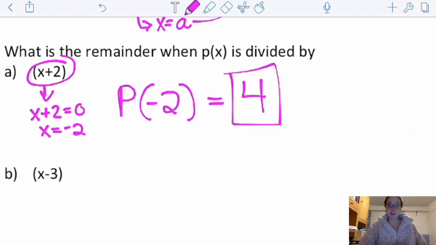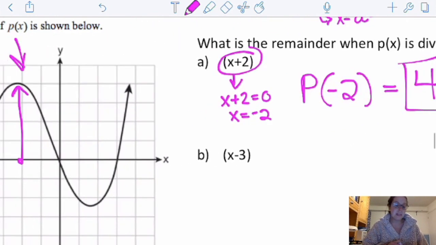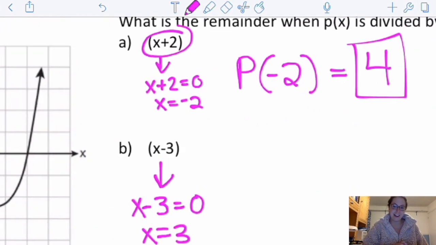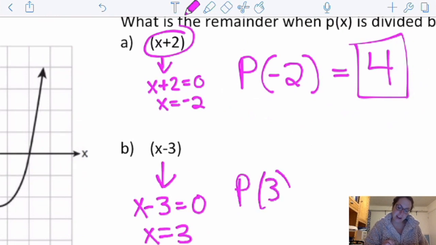And an important question you might have there as well is, is that a factor? Notice you have a remainder that's not 0, and so x plus 2 would not be a factor. Same thing if you had x minus 3. We'd look at the 0 of that, which is at x equals 3, and then we would find p of 3.